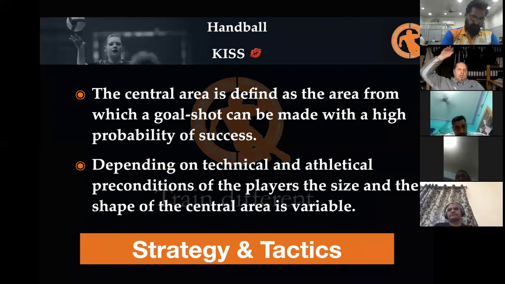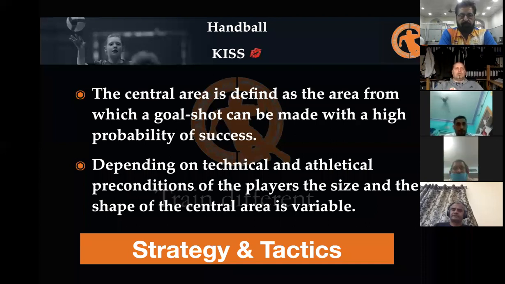So the better the wing players can shoot from a very far away position, the more this central area, the effective area where they can shoot, is opening in the width. The better they can jump and shoot from far outside, depending on athletic preconditions, the more this central area is opened in the depth.